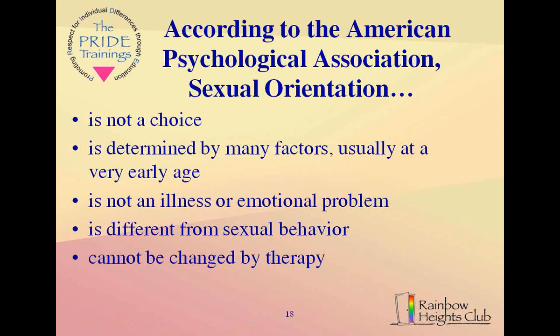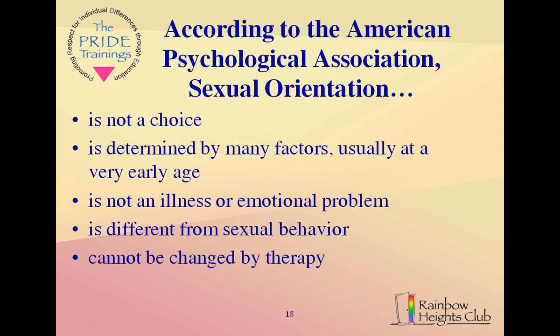Also, I just want to underscore that according to the American Psychological Association, sexual orientation can't be changed by therapy. You might have heard of so-called reparative therapies, which try to propose that they could make somebody stop being gay. And it might or might not shock you to know that a lot of the same techniques are used that used to be used on gay and lesbian people before 1973.